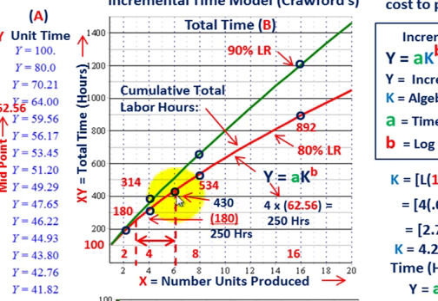All we're looking at is the difference on this curve, and those are the 250 hours. You can see those were the lot size of 4, units 3, 4, 5, and 6, times the midpoint unit time of 62.56 that we calculated in our equation, and that's 250 hours. So you can see that on our curve.